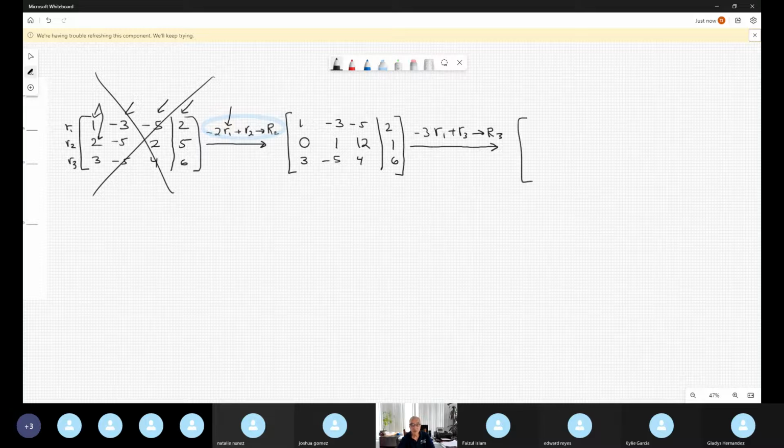Okay, so in the new matrix, I can see how row 1 and row 2 stay the same. This guy stays the same. Of course, they participate in the operation, but change only row 3. So now minus 3 times 1 is minus 3, plus 3 is 0.